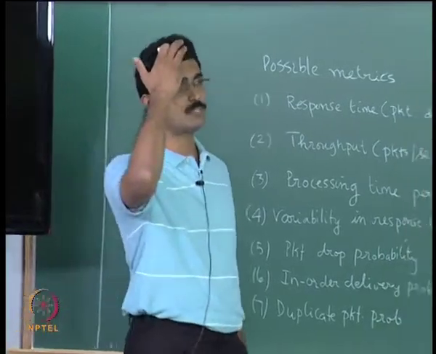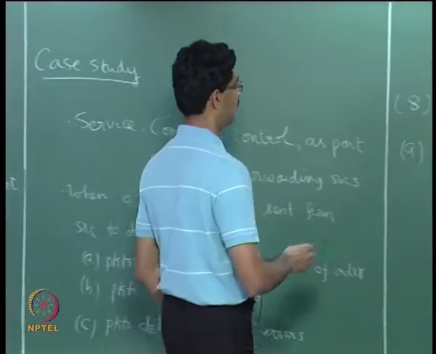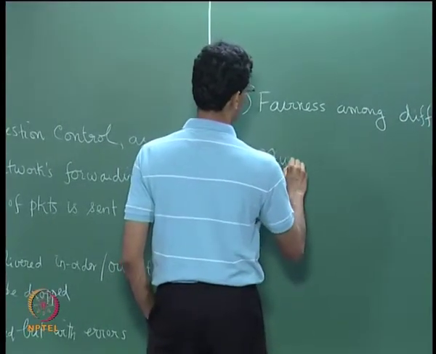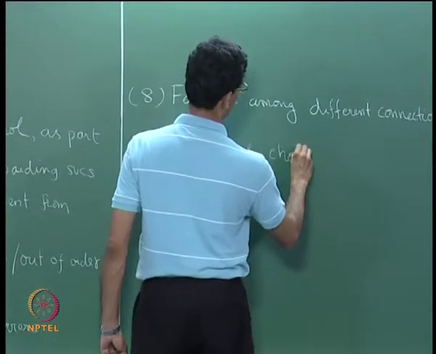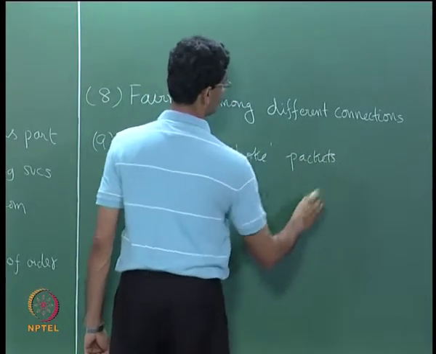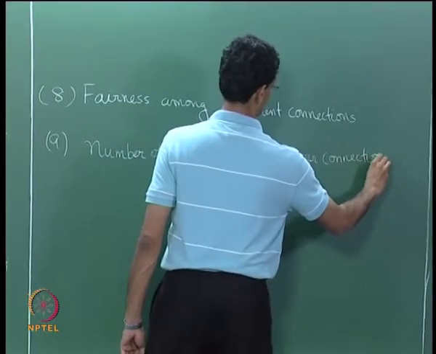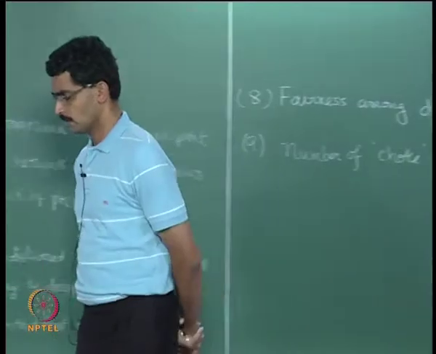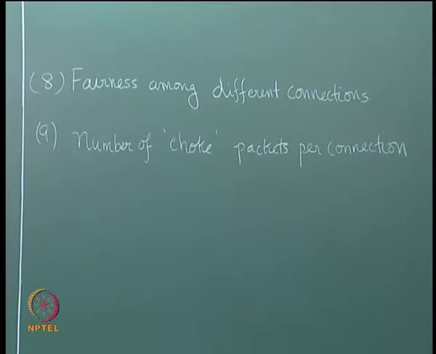Okay, so packet drop is taken care of by that, and other things are the fraction or the number of choke packets, to differentiate which connections get more choke packets and which connections get fewer choke packets and so on.